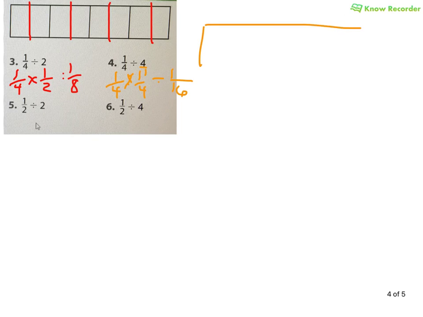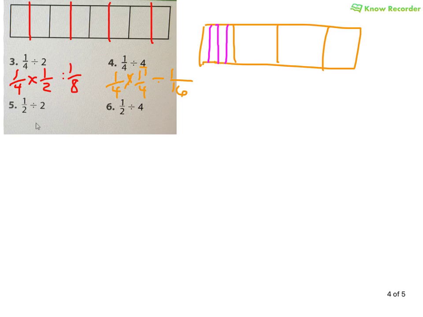So let me draw my 4 quarters. Here's my 4 quarters. And I need to divide one of the quarters up by 4. So if I were to count this, I'd see that in 1/4 I have 1, 2, 3, 4.